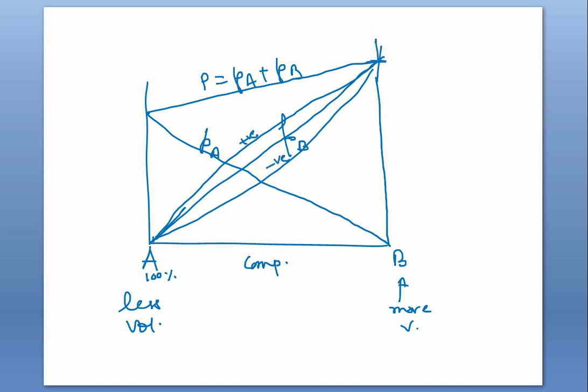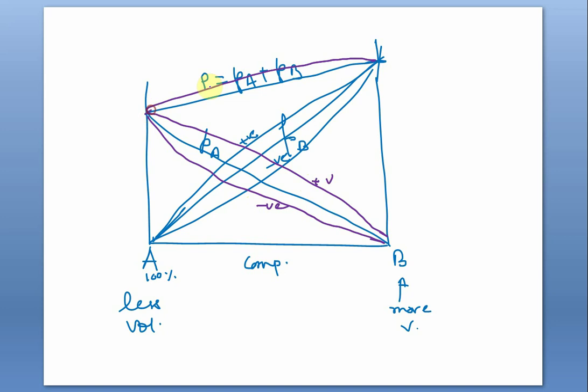Similarly, the vapor pressure for A graph can be slightly above or slightly below. If above, this is called positive deviation. If below, it is called negative deviation. Similarly, for the total pressure, it can be slightly above or slightly below. So these are small deviations which are inevitable.